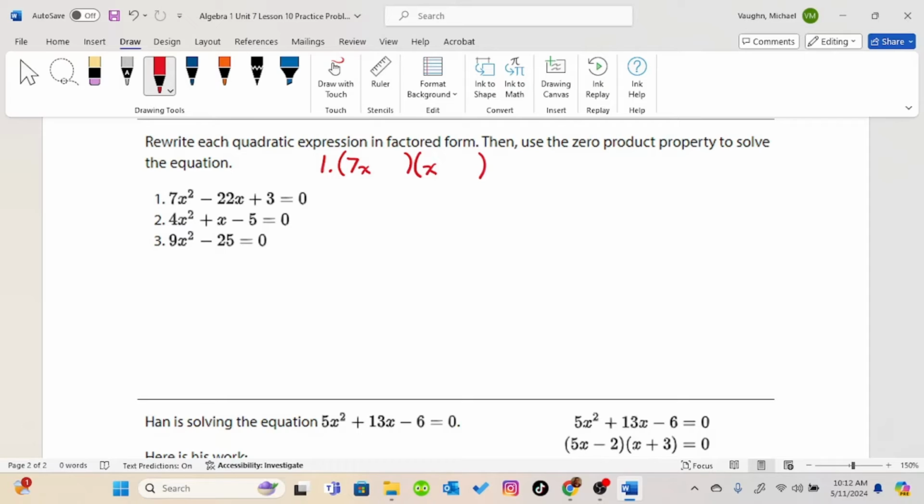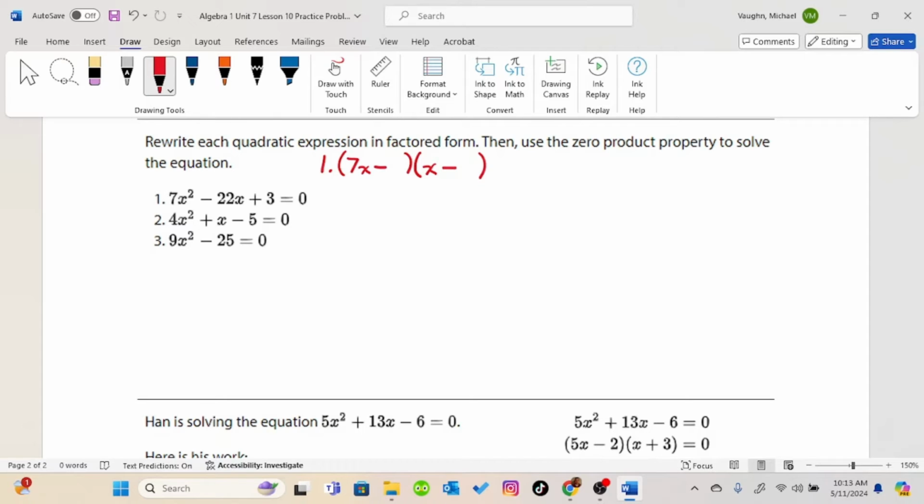Then I look at my second sign. It's a plus sign, so both signs have to be the same. By looking at the first sign, I know that both of those signs must be minus.